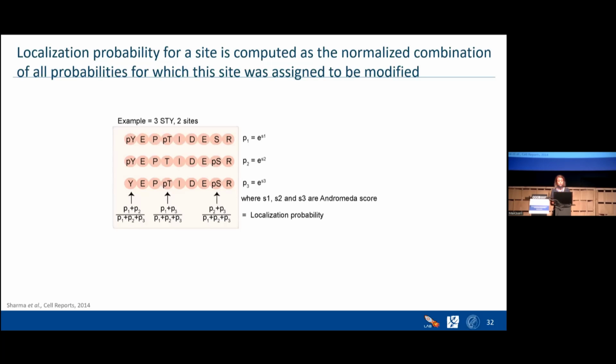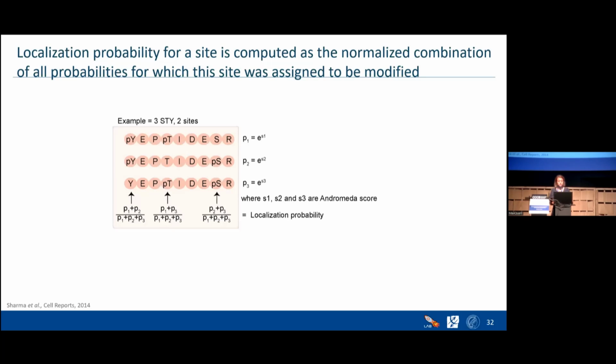On the second combination, the first residue is phosphorylated and the second to last residue is phosphorylated. Considering this assumption, we calculate our Andromeda score. For the 3rd one, the 4th can be phosphorylated and the last 2. After calculating the Andromeda scores, we took the exponential of these scores, and then we get the probability.